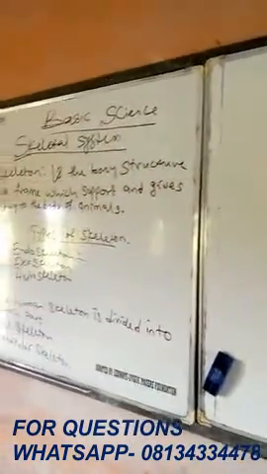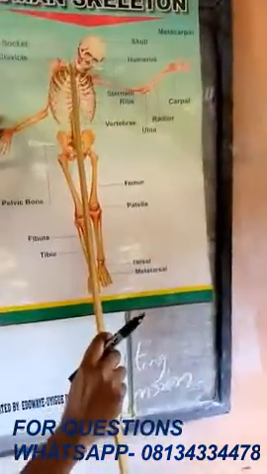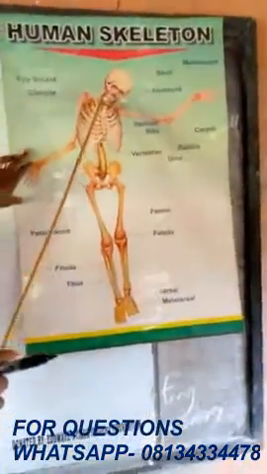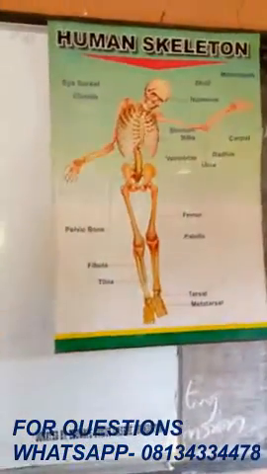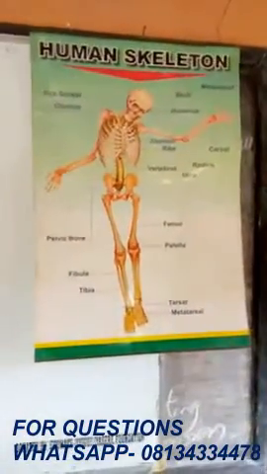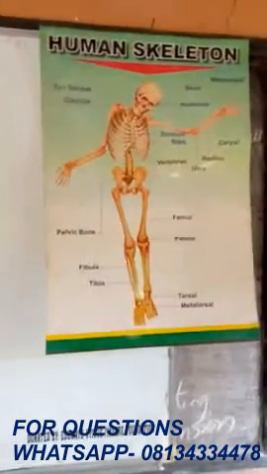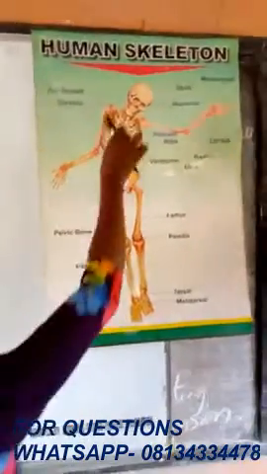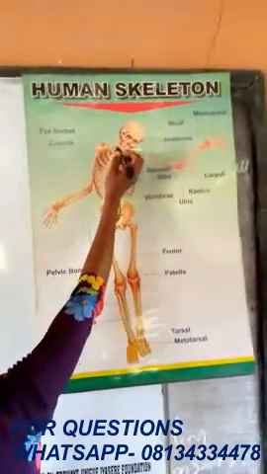Now, under the cervical vertebra, which is located at the neck region, we have a structure called the vertebratia.